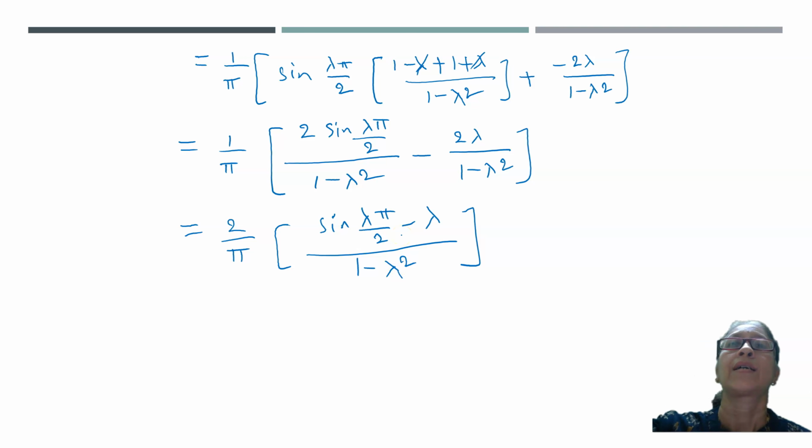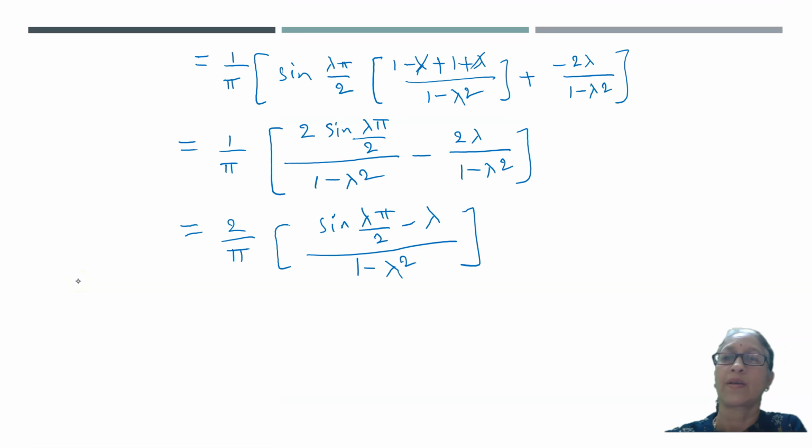This is B(lambda). Now after getting B(lambda), we have to replace B(lambda) in the f of x by this particular value.